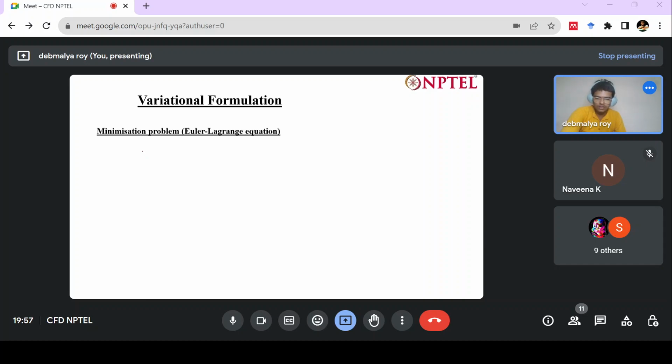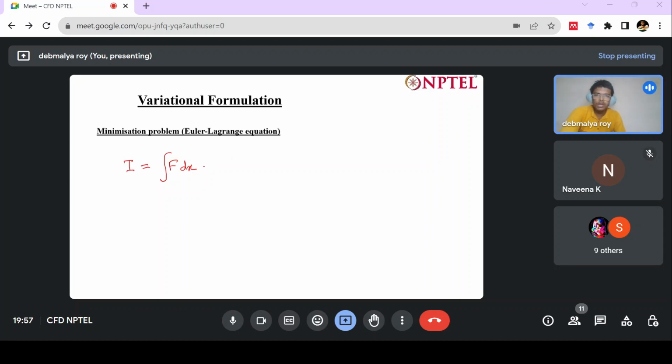Here the concept is that if we have a function and we integrate this over a domain, let's denote this by I, we will get a value.